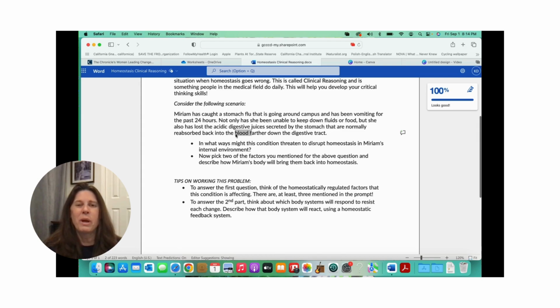So that is probably throwing off her pH. So three things: we said water, we said nutrients, and now pH. Those are three homeostatically controlled mechanisms that are off in her internal environment right now.